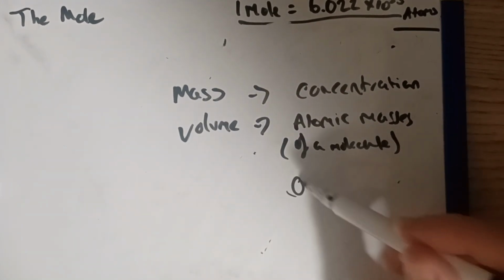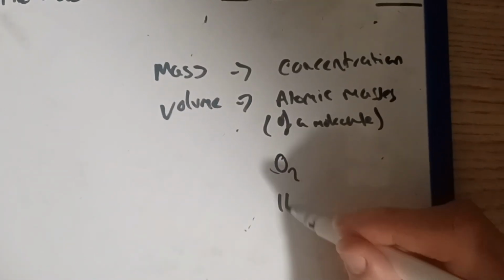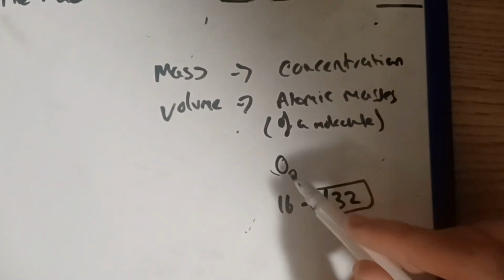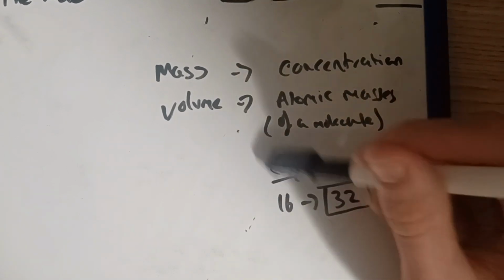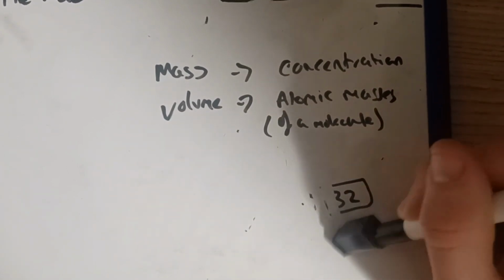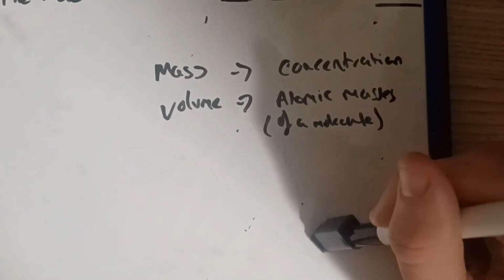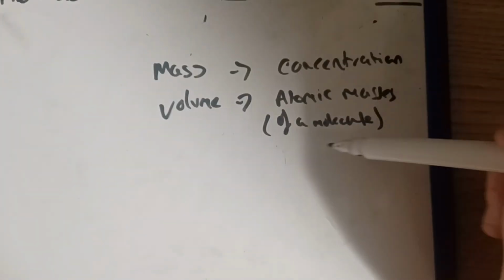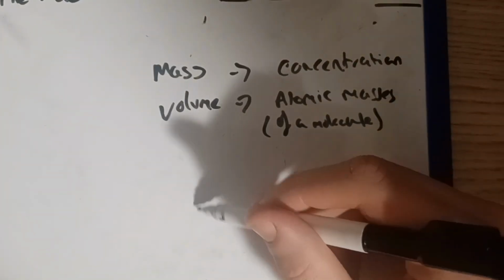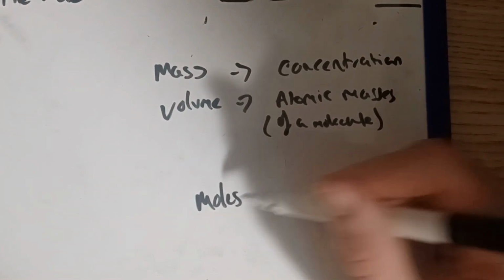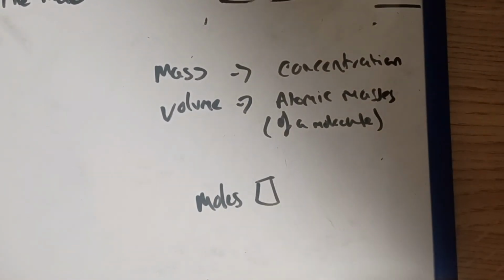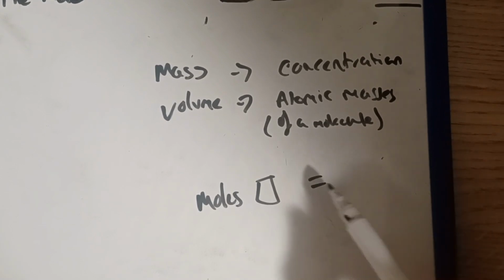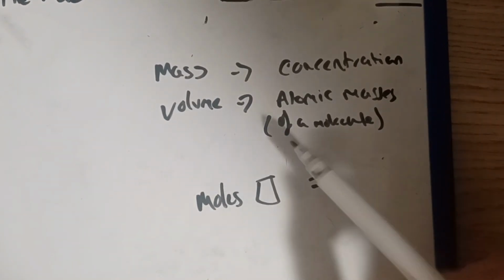So if we have O2, instead of using 16, we'd use 32 instead, because there's 2 of them. So if you're looking to find any of these, and you have your moles, and another variable as discussed in our triangles, you can find pretty much whatever you're looking for.